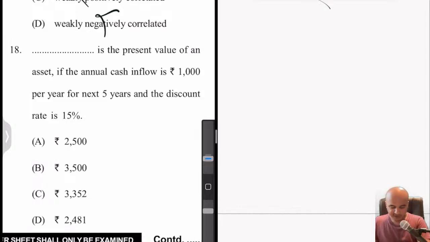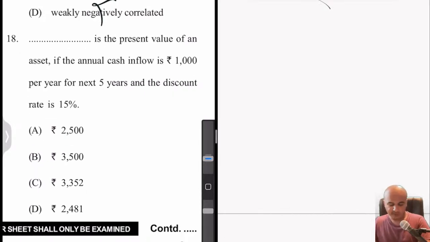Okay, at least finally we are moving to a practical question. One more practical question. Let's see. Dash is the present value of an asset if the annual cash flow is 1000 per year for the next 5 years and the discount rate is 15%. Again, this is easily done. What we can do here is present value annuity factor is what we need.